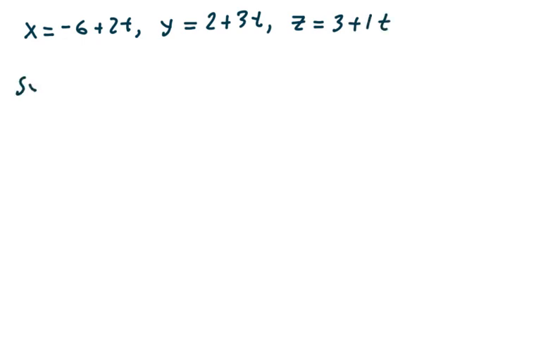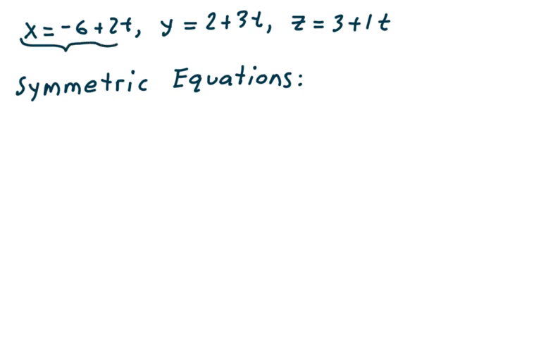What are the symmetric equations? You notice I'm going from vector to parametric to symmetric. It seems to me a nice logical following. So in each of these equations, I solve for t.